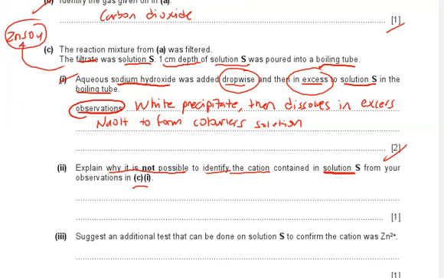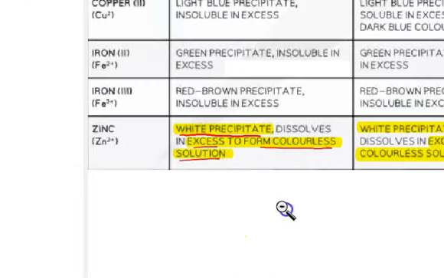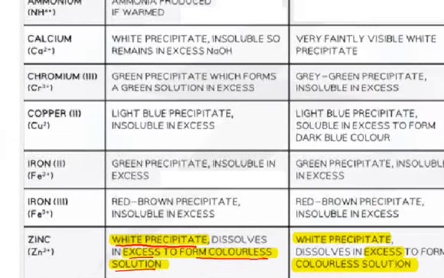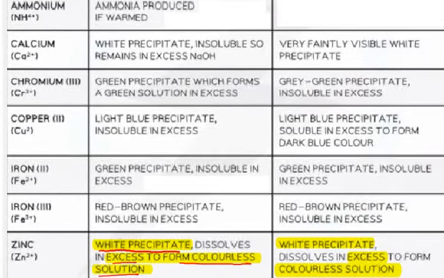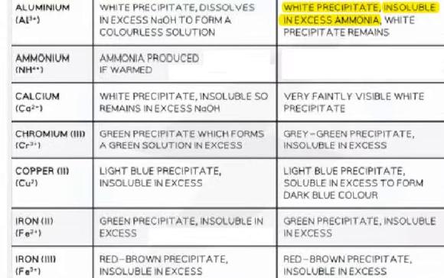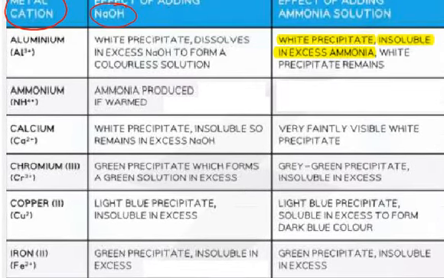Now let us look back at the short notes. White precipitate for sodium hydroxide, we will have zinc, and we have calcium.